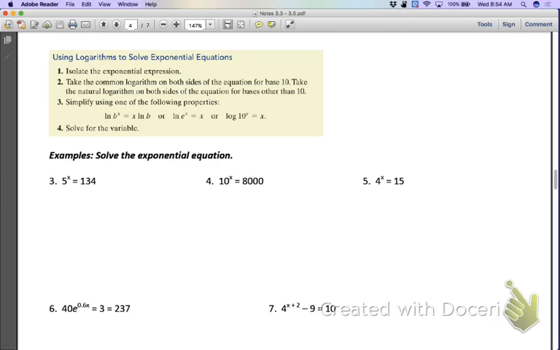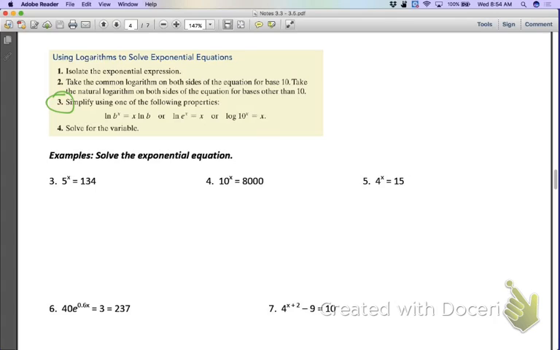If you look at number 3, where it says simplifying using one of the following properties, the natural log of b to the x power is equal to whatever's in your exponent, x, times the natural log of your base.